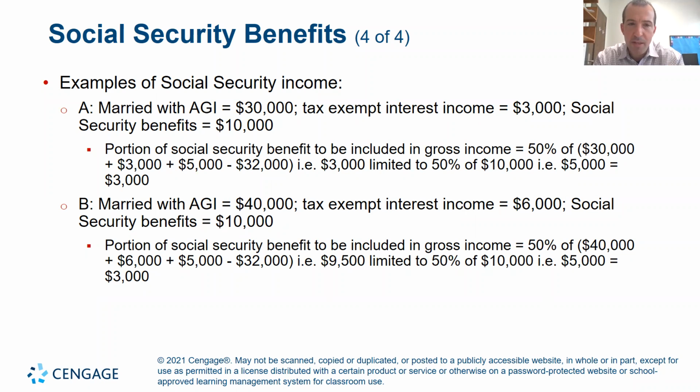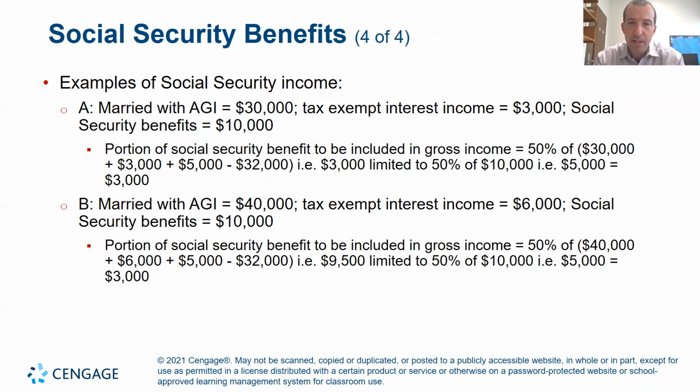Down below for B, we have married with adjusted gross income of $40,000, tax exempt interest of $6,000, Social Security benefits of $10,000. So we take the $40,000 plus the $6,000 plus the $5,000, which is half the benefit, minus the $32,000, and it comes out to $9,500. So $9,500 is limited to the 50% tax.